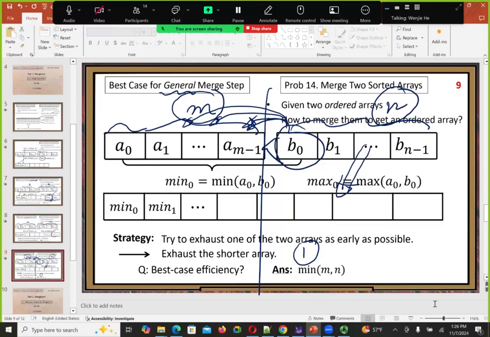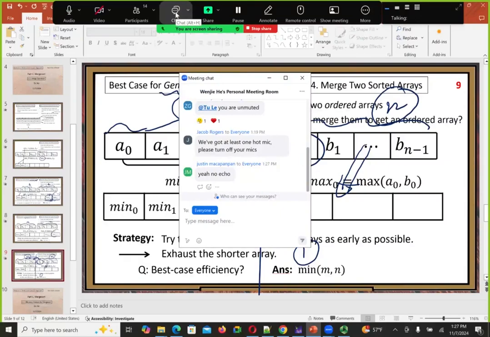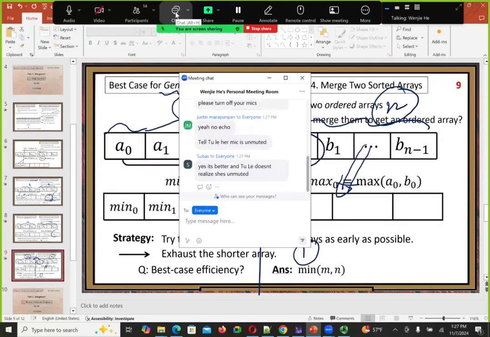Is it better I mute the microphone on that desktop? No echo. Oh, great, Justin, thank you. Sorry, it's better. Oh, she unmuted.